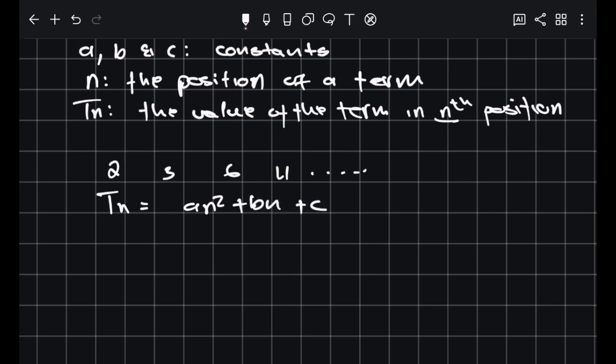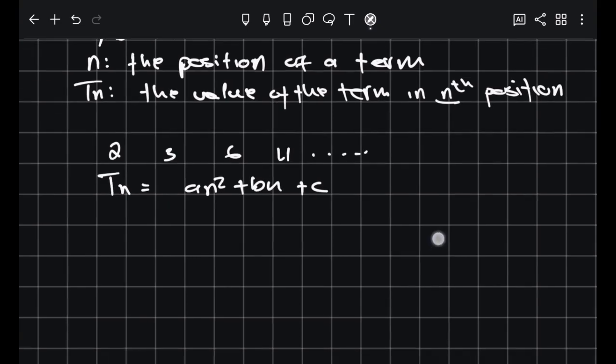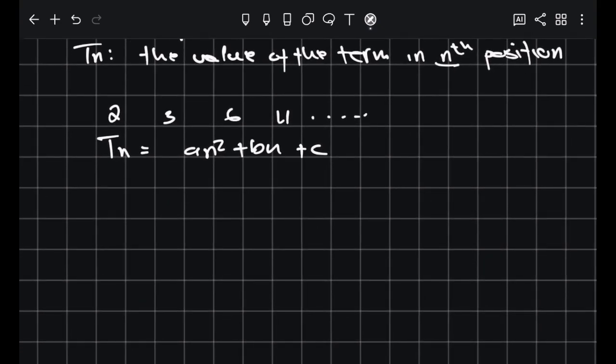When finding the nth term of a quadratic number pattern, we first need to find the constants a, b, and c. How do we find those?